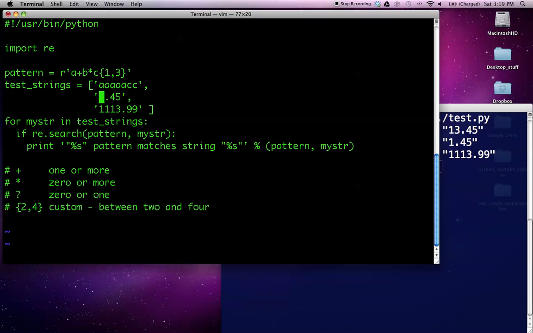Now I'm going to do each one of these, and it would be great if you were to ask yourselves for each one whether it'll match.